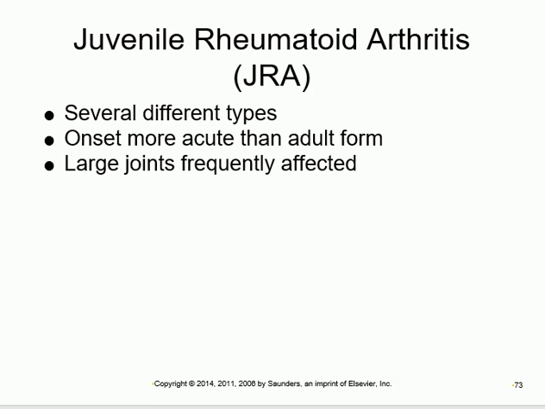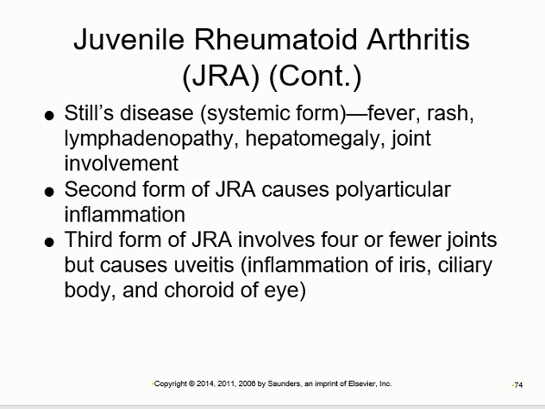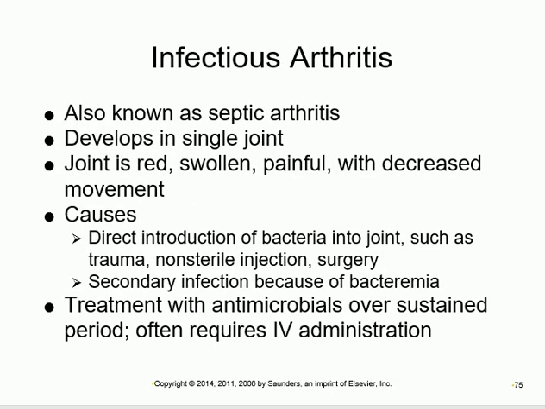Younger age, no RA factor. There is a factor that appears in the blood. In most of the cases, does it appear in juvenile? No. Did you get this point? So this is a special category, and all you need to know here is juvenile means younger age, no RA factor. There are different forms, but I already told you the most important thing to know.